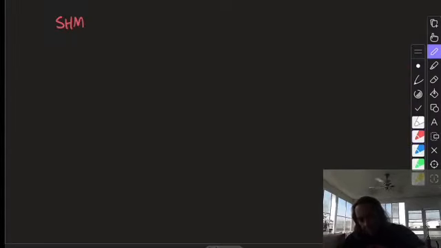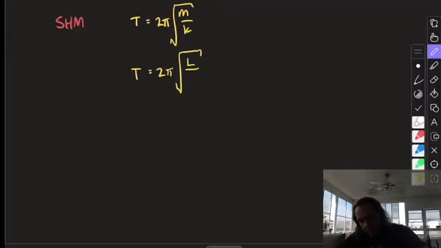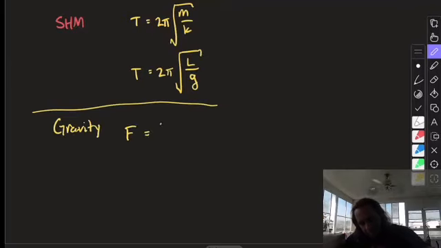We tend to see the period function show up a lot here, both for a spring mass and for a pendulum, because there's a square root in it. The other place we see it quite a bit is gravity. We see it in two ways. We see it in the force of gravity between a couple of objects, but we also see it when talking about the acceleration of gravity.